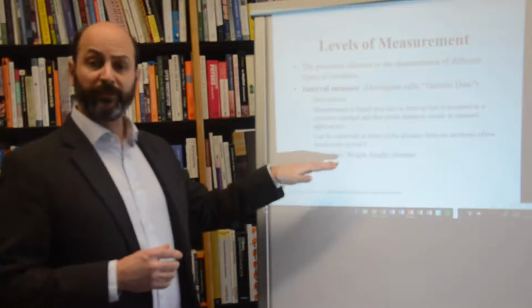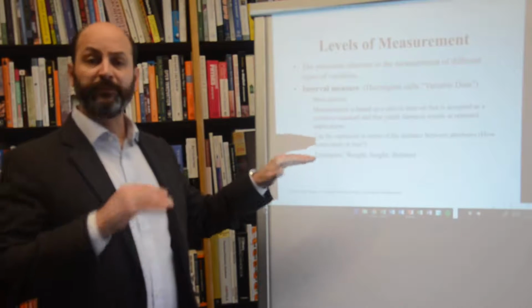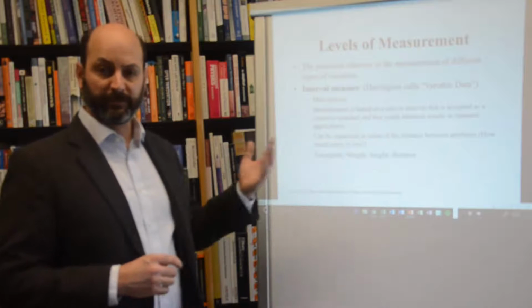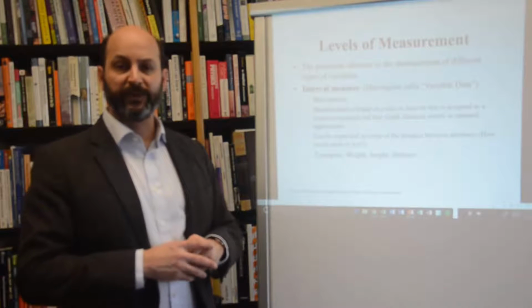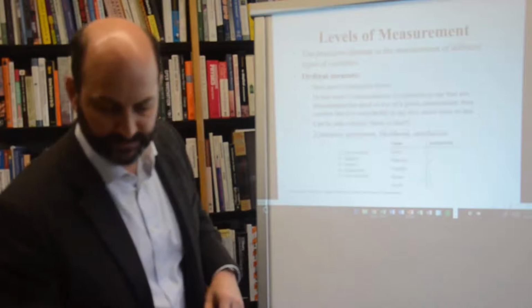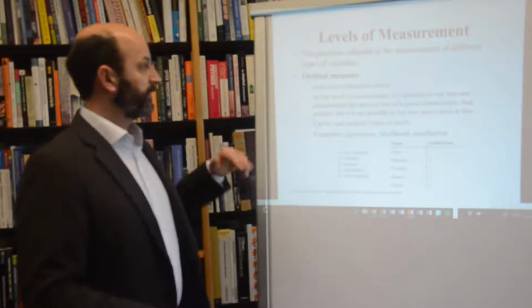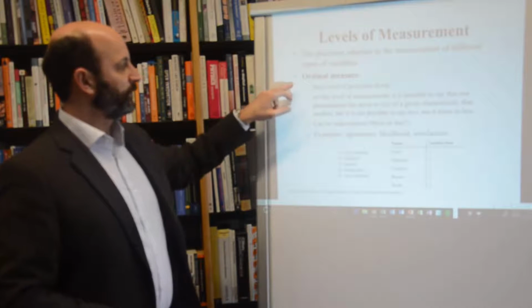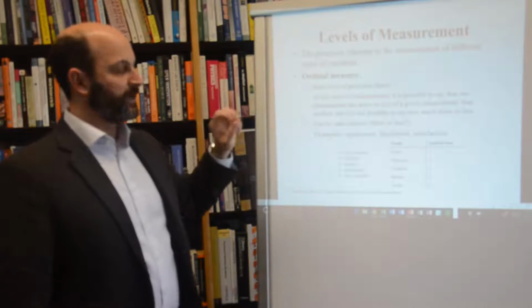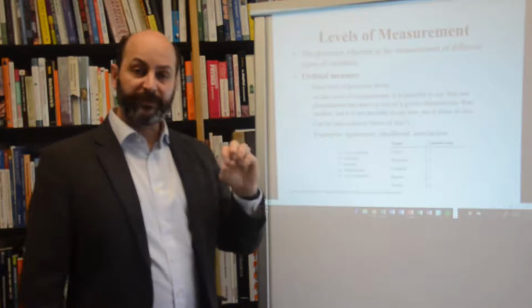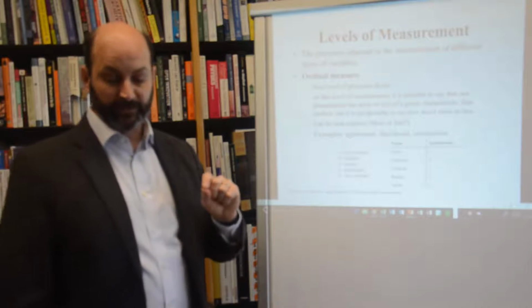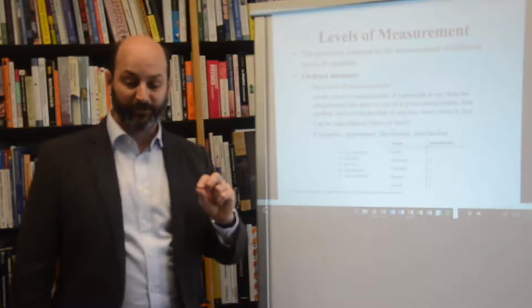Here's an example: weight. Right? A person weighs more or less than another person. Height or distance. These are interval measures. They're high precision, and we can rely on their precision. The next level down, again I'm defining levels of measurement, is ordinal measurement. Okay, at this level of measurement, it's possible to say that one phenomenon has more or less of a given characteristic than another, but it is not possible to say how much more or less, right?